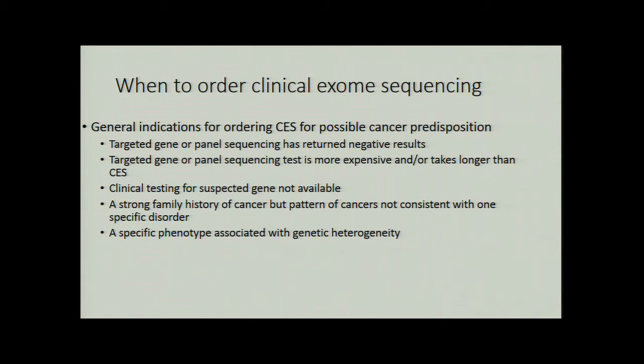The targeted gene or panel sequencing test is actually more expensive in some cases and could take longer than the turnaround time for clinical exome sequencing. We also order it when clinical testing for a suspected gene is not available, when there's a strong family history of cancer but the pattern of cancers is not necessarily consistent with one specific disorder, and when there's a complex phenotype that could be associated with genetic heterogeneity.